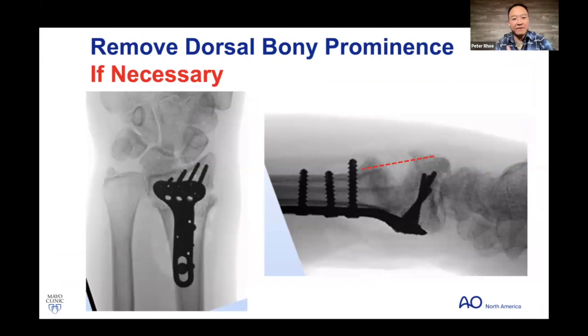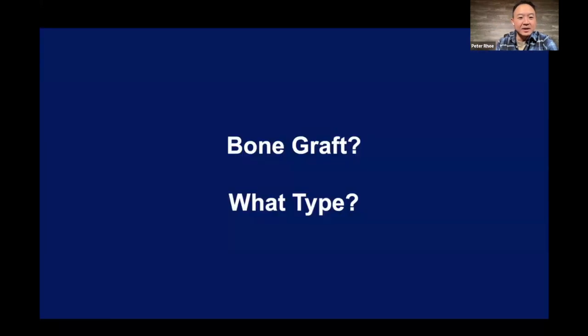If there's rough areas, especially in EPL where there's a tight compartment, it may be prone to some type of attritional rupture. So if it's sizable, I don't have a good number, but if I look at it and I'm like, ooh, I don't really like that, then through my same volar approach, I can usually just get a rongeur and trim this down.